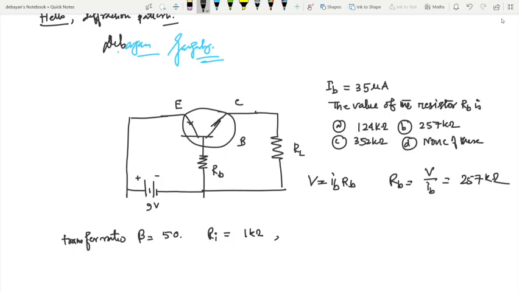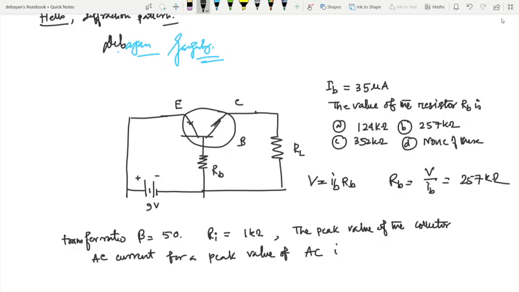The peak value of the collector AC current for a peak value of AC input voltage of 0.01 volt. তো what should be the beta ভ্যালুটা দেওয়া আছে, ইনপুট রেজিস্ট্যান্স দেওয়া আছে, তোমাকে বার করতে হবে পিক ভ্যালু অফ দ্য কালেক্টর এসি কারেন্ট ফর এ পিক ভ্যালু অফ এসি ইনপুট ভোল্টেজ which is 0.01 volt.